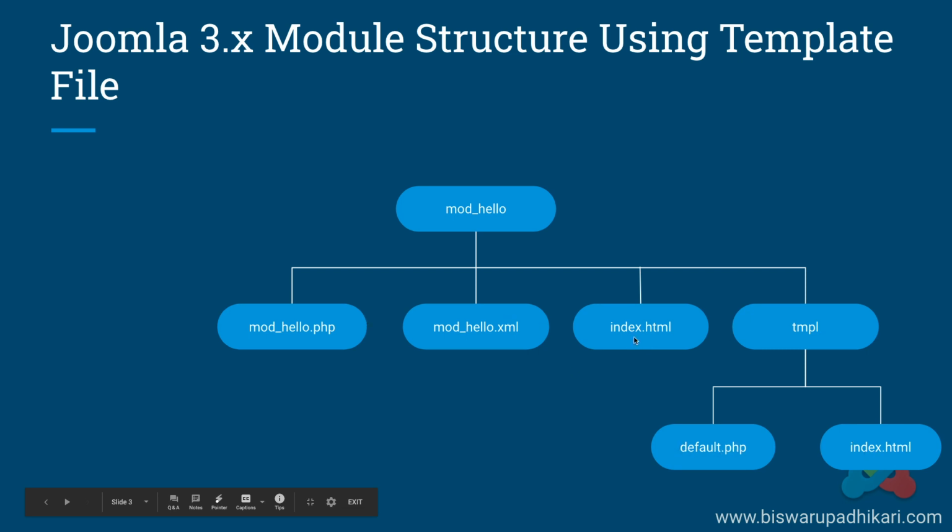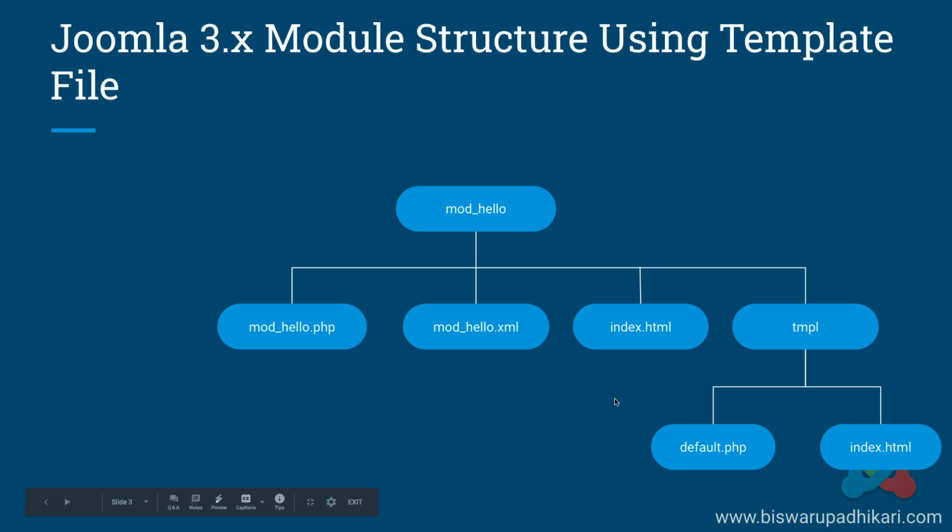Whatever display logic we were writing in this file, we will now place in default.php. So this will work as a router. It will take the request and display the content from this file. If you have not watched my previous episode, please watch it first because we will continue from there.